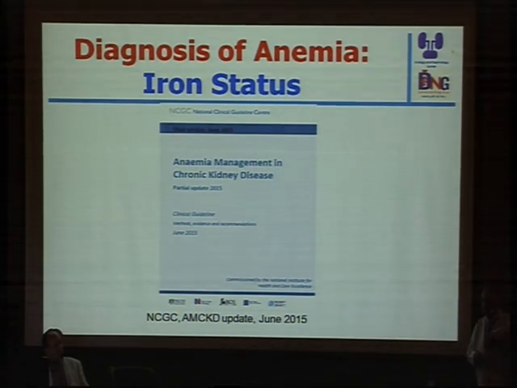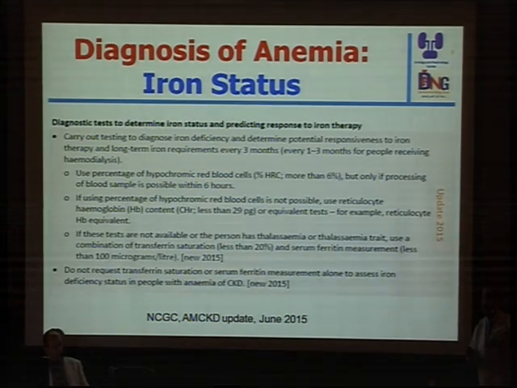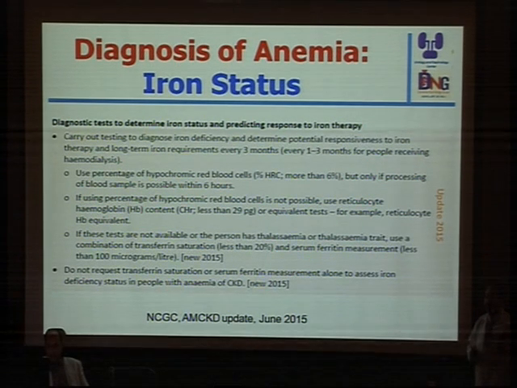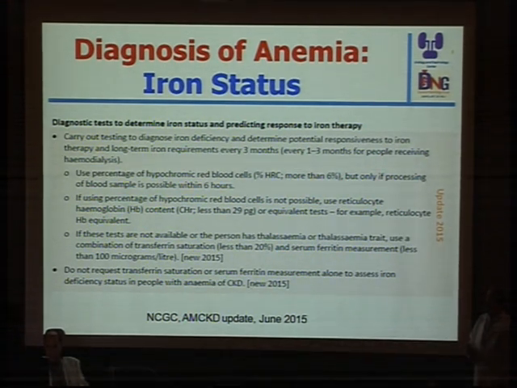And this is the minimum. The best is to measure the level of hypochromic red cells. If it is above 60%, this is a better diagnostic strategy for absolute iron deficiency, followed by reticulocyte hemoglobin if it is less than 29 picogram.